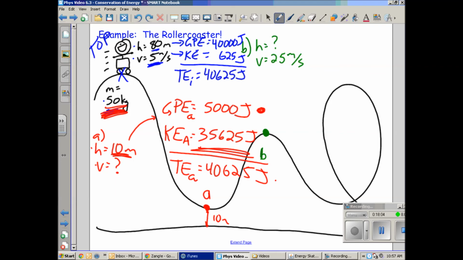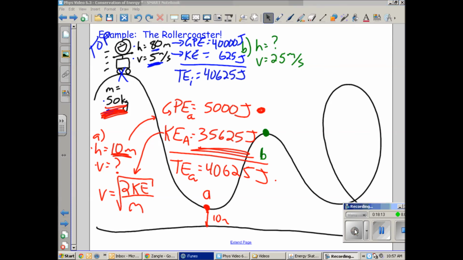So now that I know my kinetic energy, I can find my velocity by using that guy. And you end up getting 37.7 meters per second is the velocity at point A.